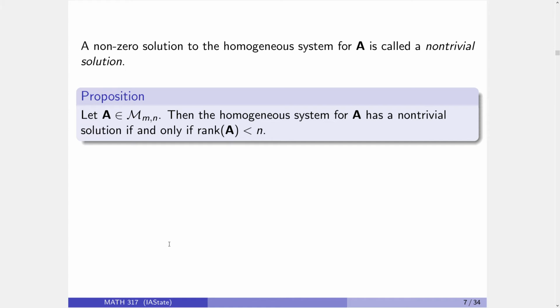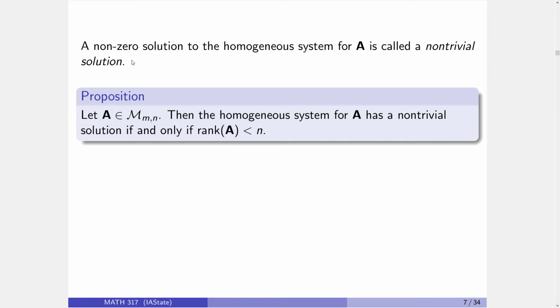All right, so let's actually prove something interesting. The non-zero solutions to a homogeneous system are called non-trivial solutions. Homogeneous equations always have 0 as a solution, so anything else would be interesting. So we'll call those the non-trivial solutions.